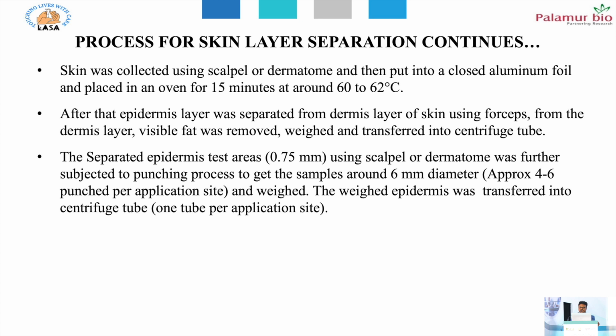The separated epidermis test area will be separated using a scalpel and dermatome, and a biopsy punch of around 6 mm diameter will be used to extract the same. It will be weighed, transferred to a centrifuge tube and sent for analysis.